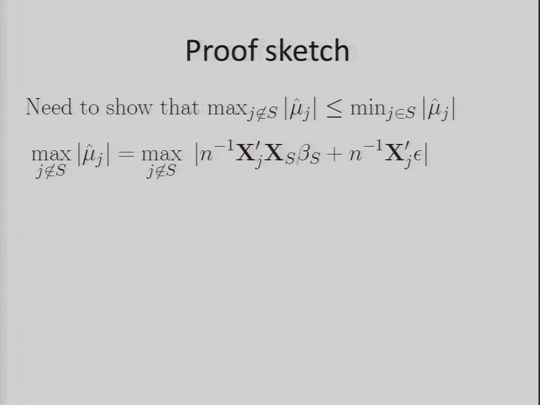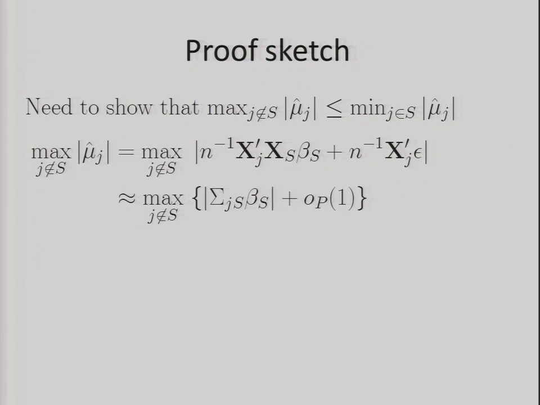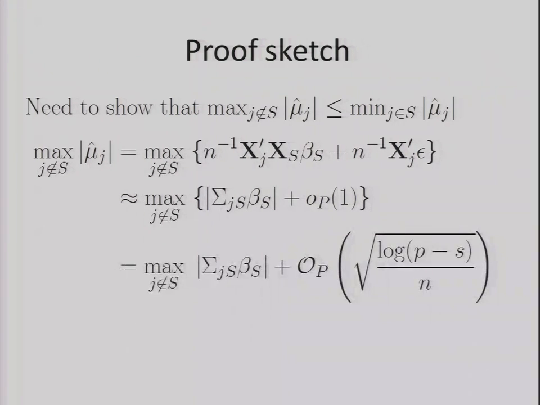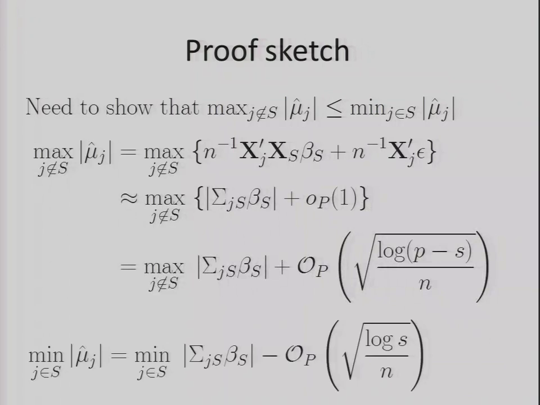Okay? And the proof is very simple. We need to show that the maximal empirical marginal regression coefficient for the set of irrelevant variables is smaller than the minimum marginal regression coefficient for the set of relevant variables. We write out what this coefficient is. We can bound this term by substituting the empirical covariance matrix with the true covariance matrix, and then apply a union bound to obtain something of this order.